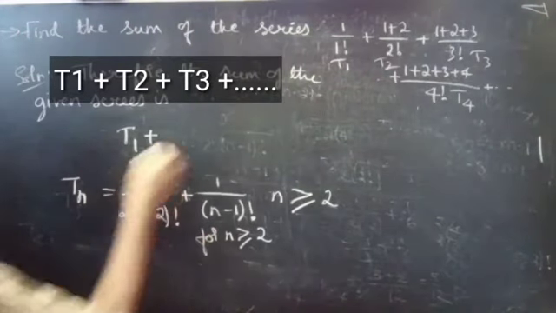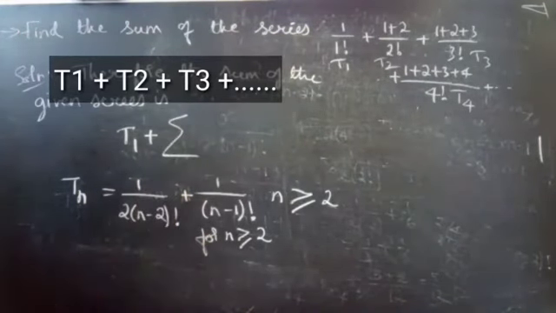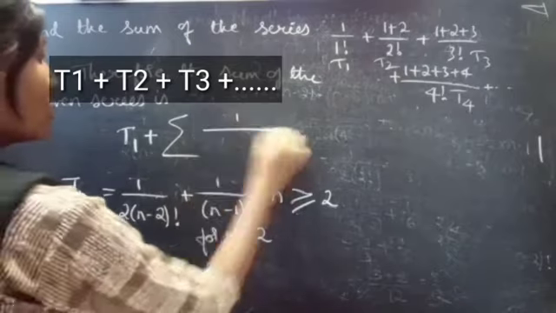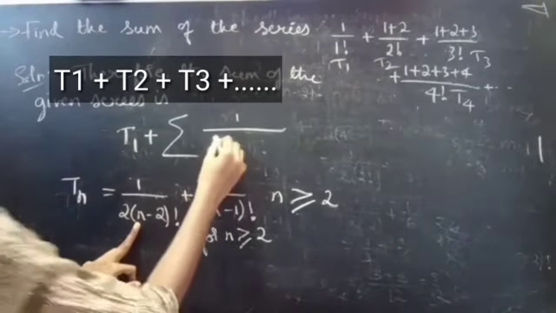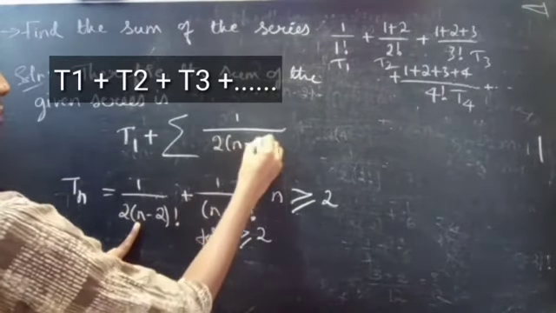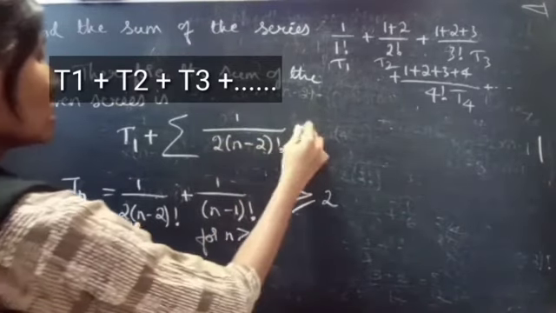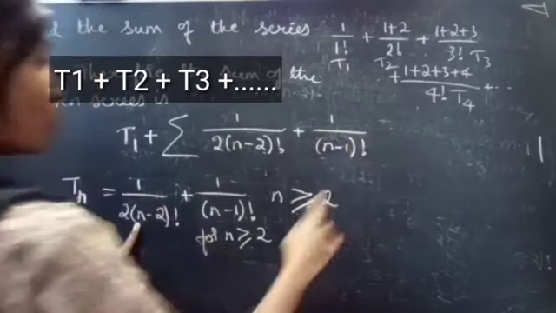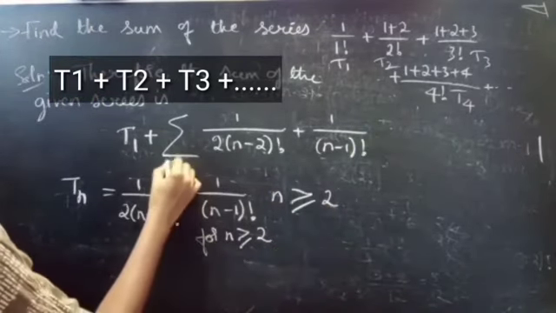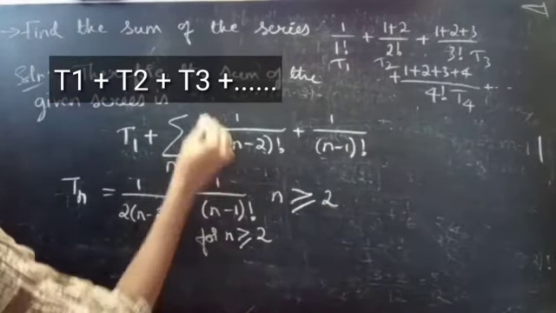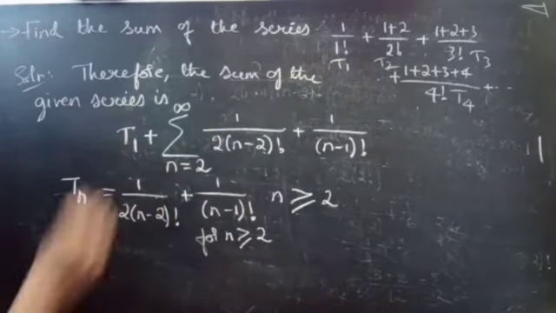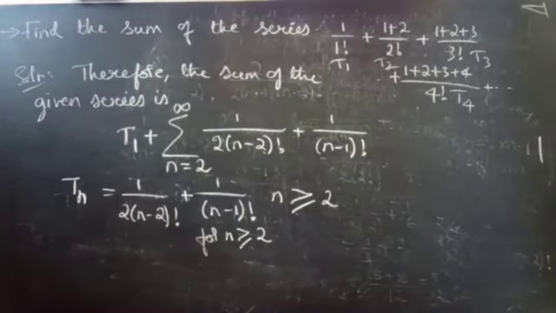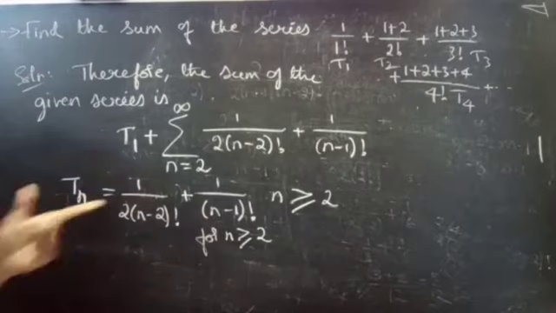So we could write it as summation Tn, that is 1 by 2 into n minus 2 factorial plus 1 by n minus 1 factorial for n greater than or equal to 2, that is for n equals 2 to infinity. Okay, hope you got the point.